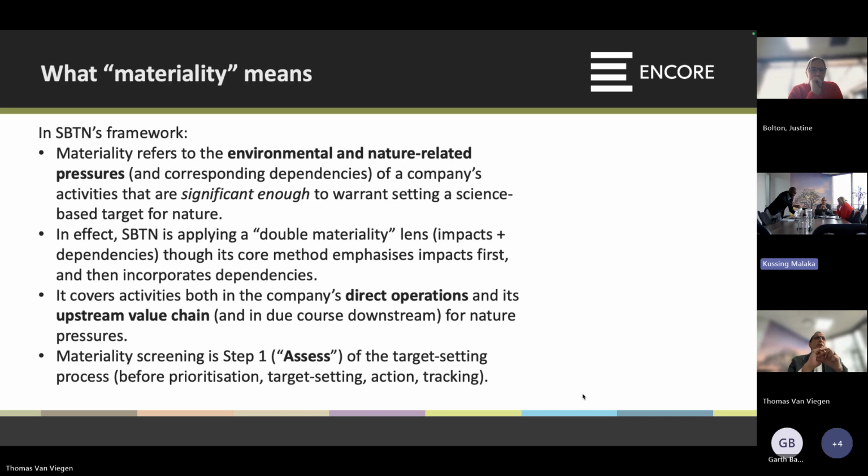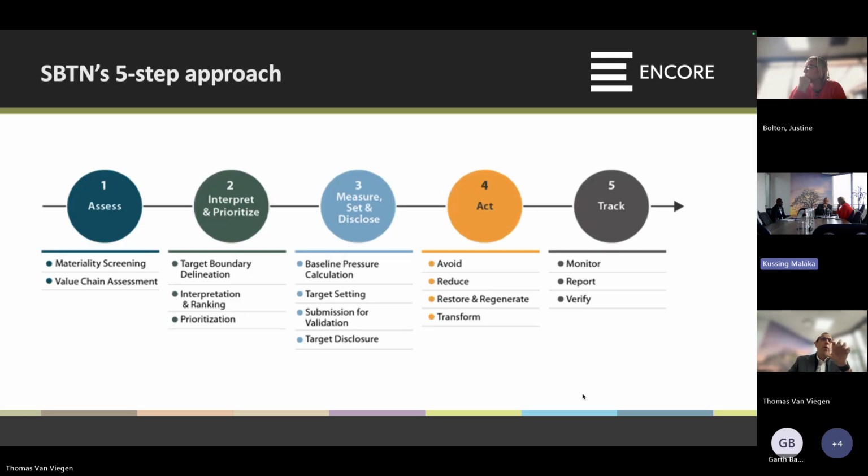So the materiality screening is step one, the Assess step, of the target setting process. What's interesting is if you compare this process to the TNFD's disclosure process, you've got the LEAP assessment process: Locate, Evaluate, Assess, and Prepare. Step one of SBTN is equivalent to the E, the Evaluate phase, within the TNFD's LEAP framework.